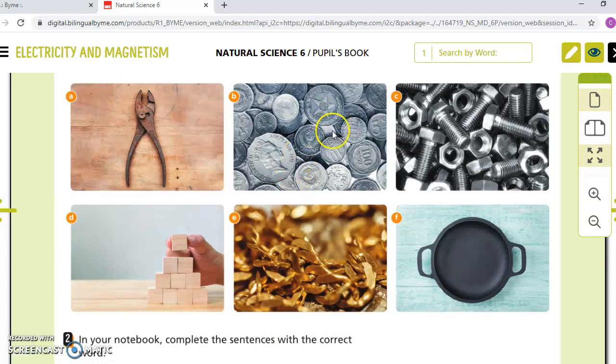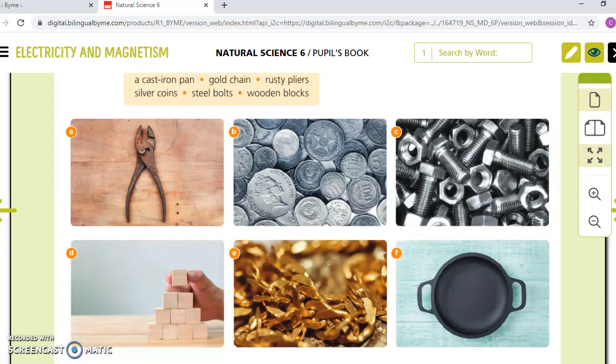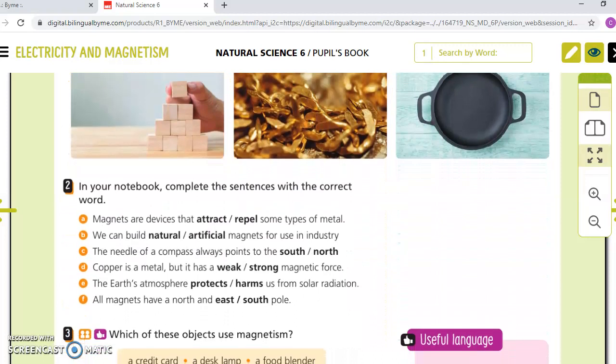The coins here, or pans in the kitchen, ask permission from your parents. And if you've got a magnet, normally on the fridge, you can do the experiment or confirm it. You can try first to write down what you think, and then do the practice.